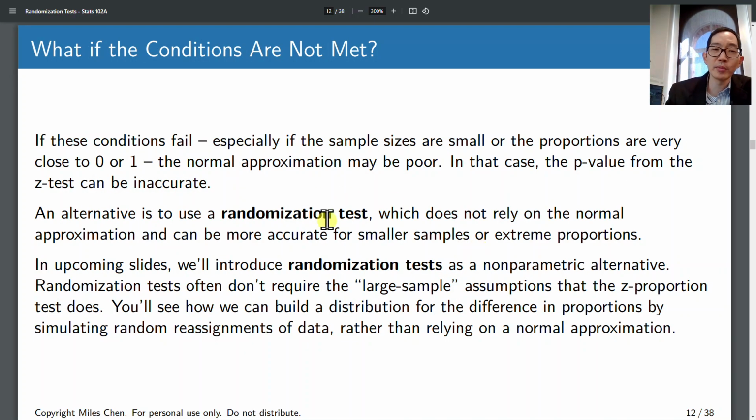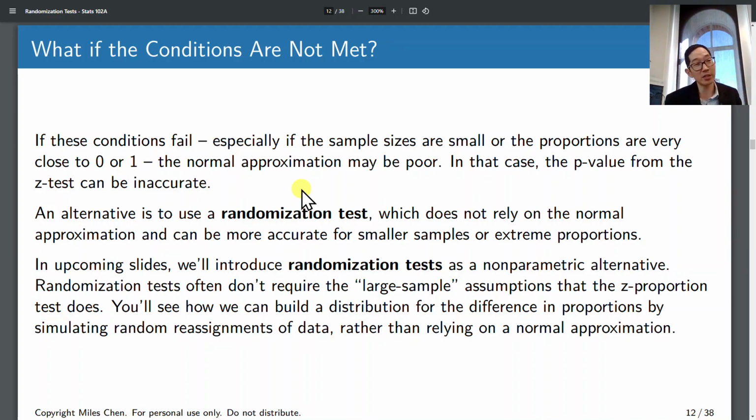But what do you do if that condition is not met? If these conditions fail, so if the sample sizes are small, or you end up with proportions close to 0 or 1, then using the normal distribution as an approximation might not do a good job of approximating the distribution.